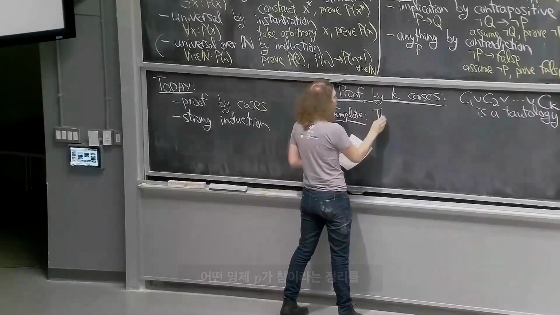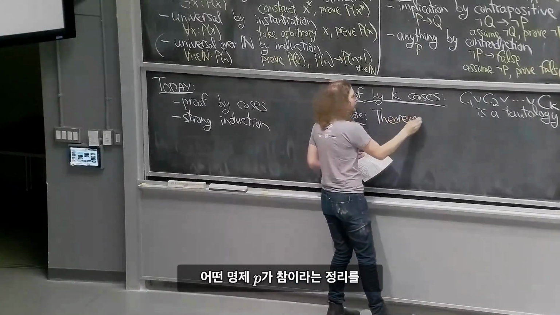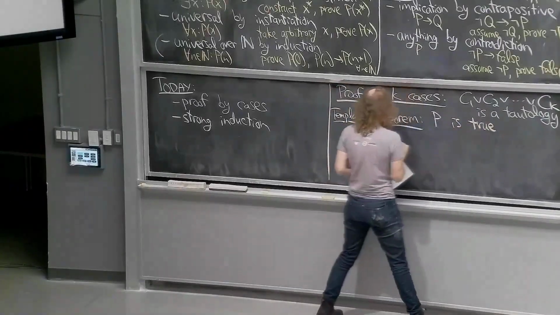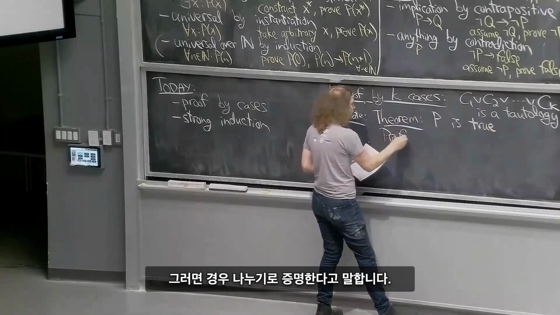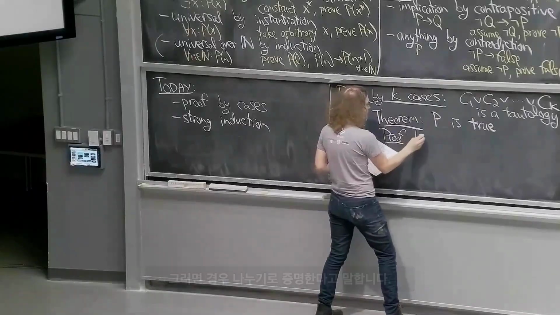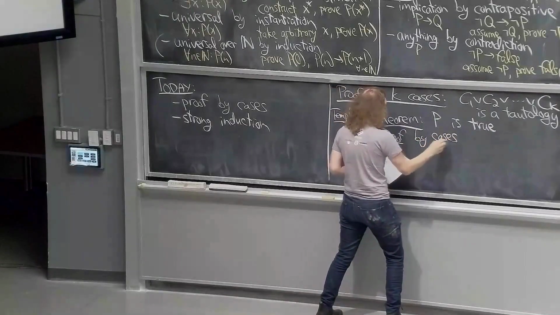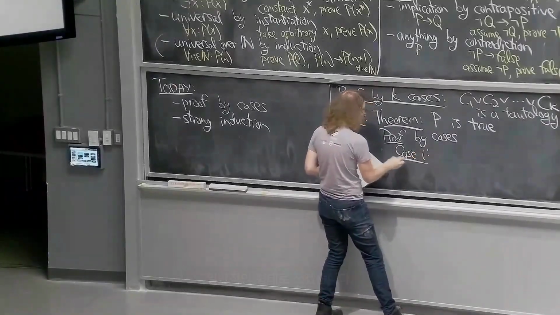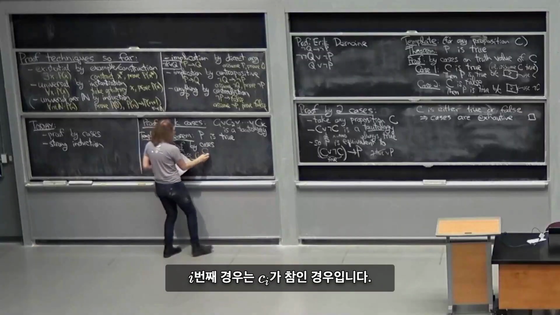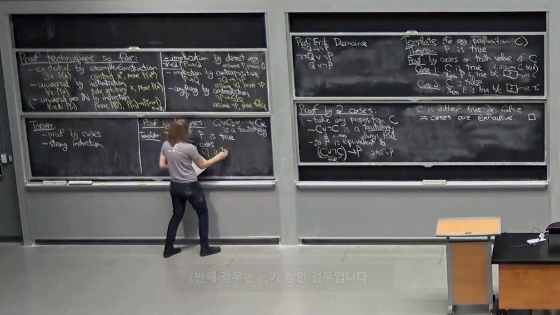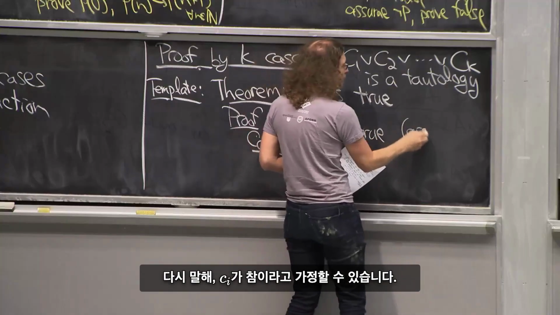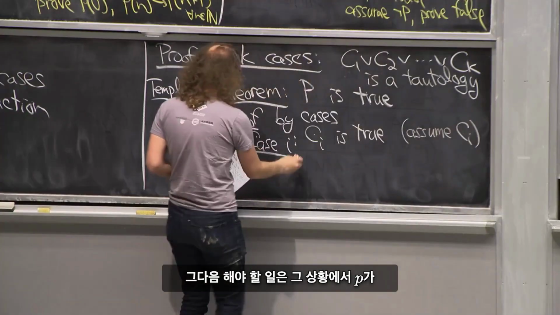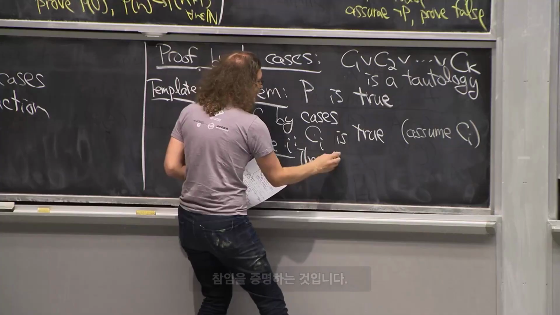Which is, suppose we want to prove a theorem that some proposition P is true. Then we'll say proof by cases. And there's K of them, so I'm just going to write it generically. In case I is that CI is true. In other words, we get to assume CI is true. And then what we need to do is prove that P is true in that scenario.